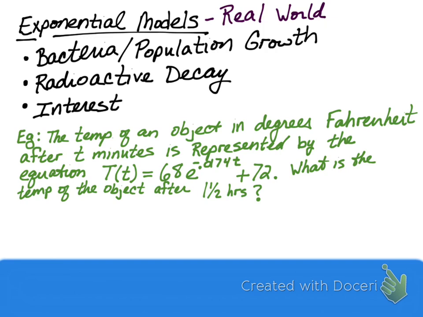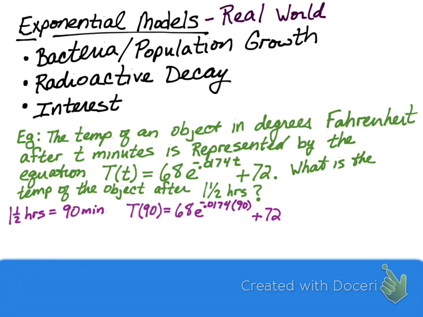So the first thing that we need to do is convert 1.5 hours to minutes. 1.5 hours is the same thing as 90 minutes. And the temperature at 90 minutes, everywhere we see a little t, we're going to put a 90.